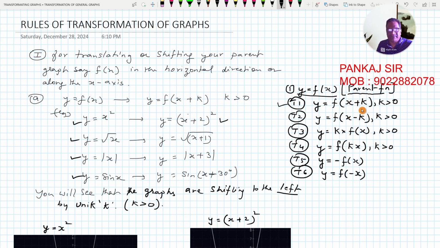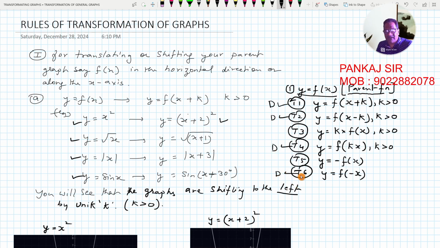I can tell you that x + k, x − k, k times x, and minus x, these 1, 2, 3, and 4, that is T1, T2, T4, and T6, all these four are transformations taking place in the domain. So I'm going to write here D for that. Or you can say inside the function.